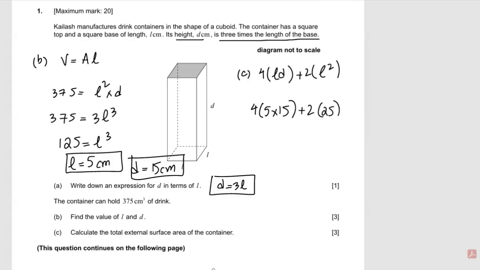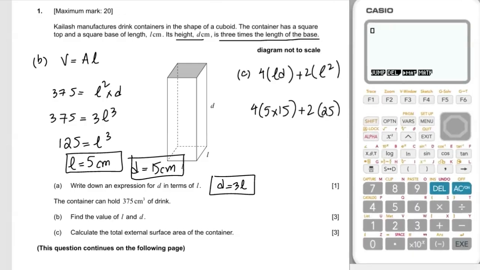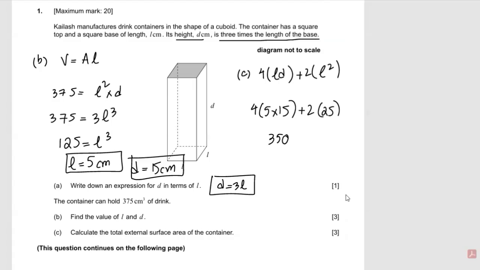So let's quickly use the calculator for this one. So 5 times 15, and we can times it by 4, and plus 50, because that's just 50 given, right? So it's going to be 350 centimeters squared, since this is the surface area.